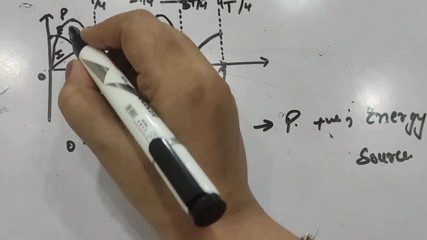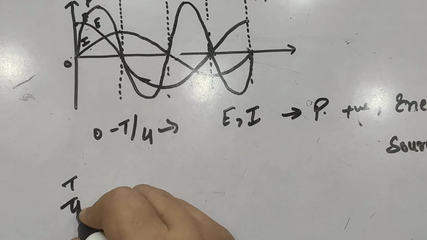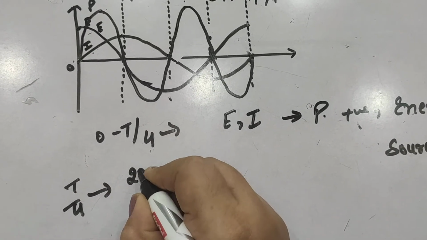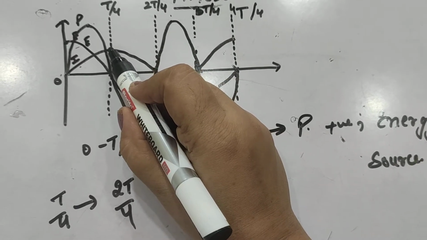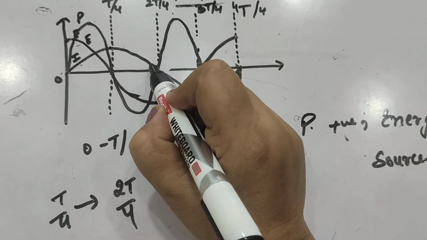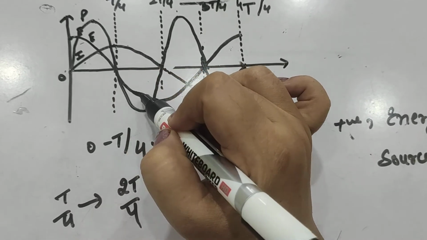Now from T by 4 to 2T by 4, you can see that current I is still positive, but it is decreasing, and the EMF curve is negative.